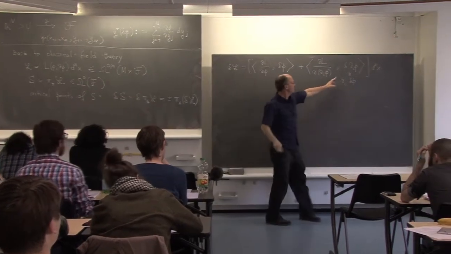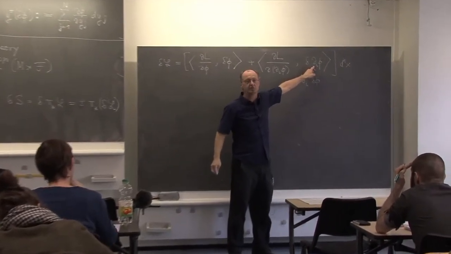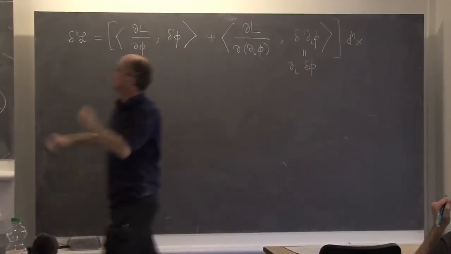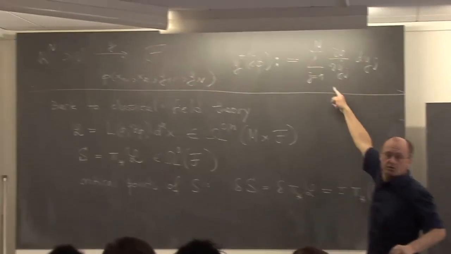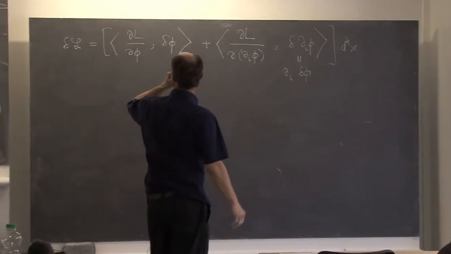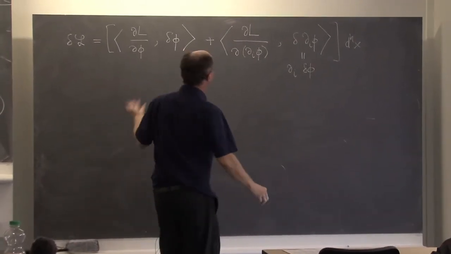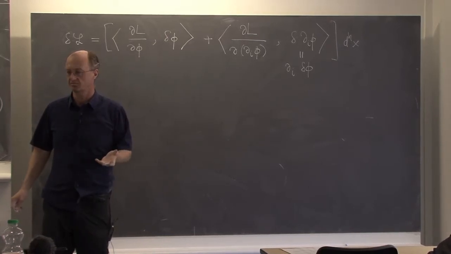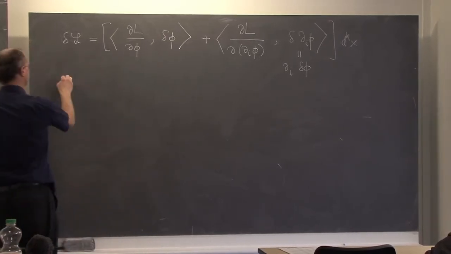So this means that if you have just a partial derivative with respect to the x variable, it commutes with the partial derivatives with respect to those, whatever, hidden y variables. Now, what happens next? What does it mean, this integration by parts in this language?